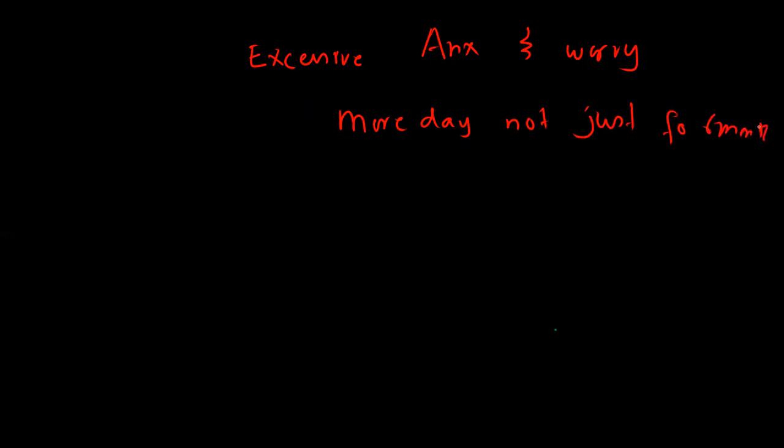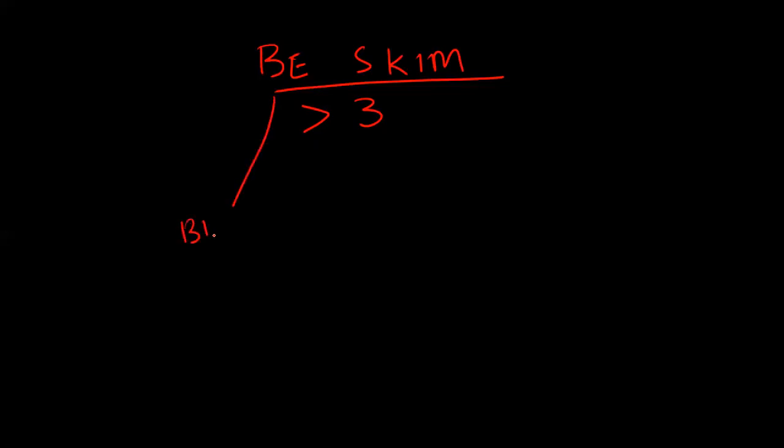So there is a mnemonic to remember the symptoms of generalized anxiety disorder. The patient should have more than 3 of the following symptoms. B is for blank mind. E is for easily fatigued.